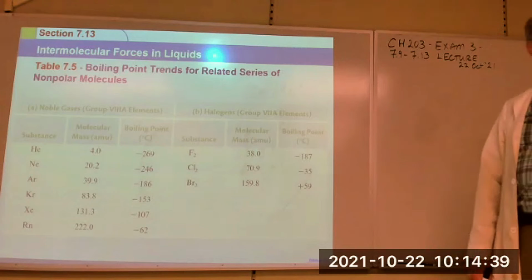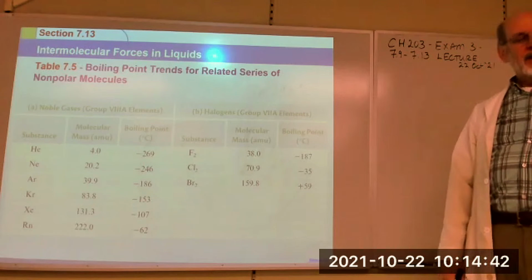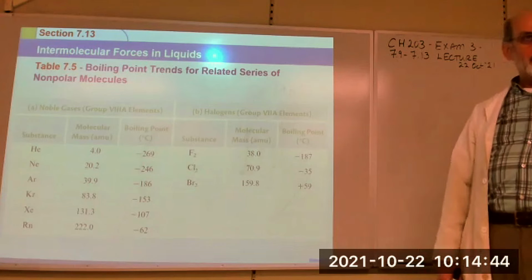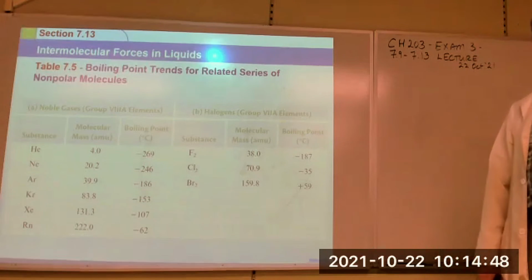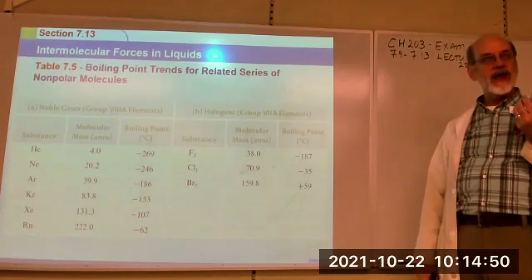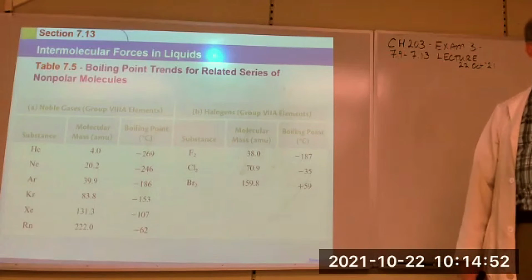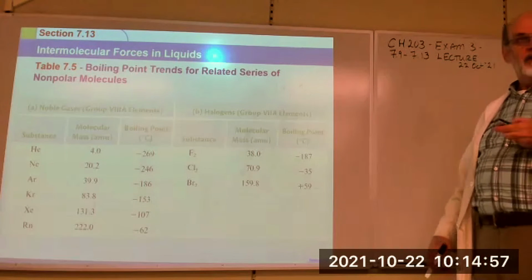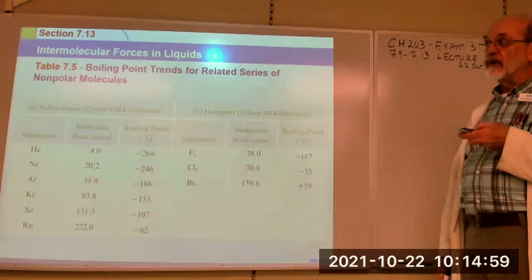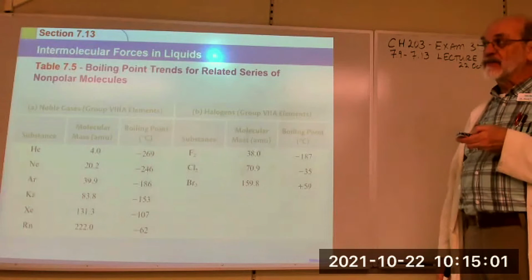Here's another illustration of London dispersion forces. I used a molecule before, the dinitrogen molecule, but you can see London dispersion forces in individual atoms. Particularly, most instructive are the noble gases. As you go down the group, the atom gets bigger and bigger.